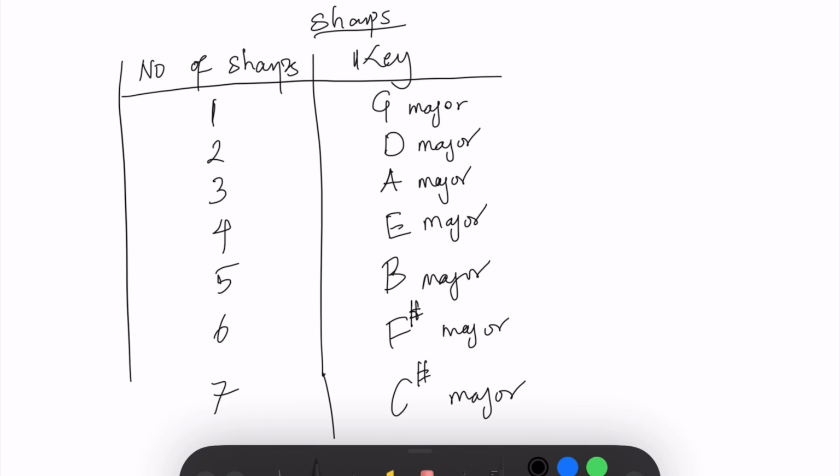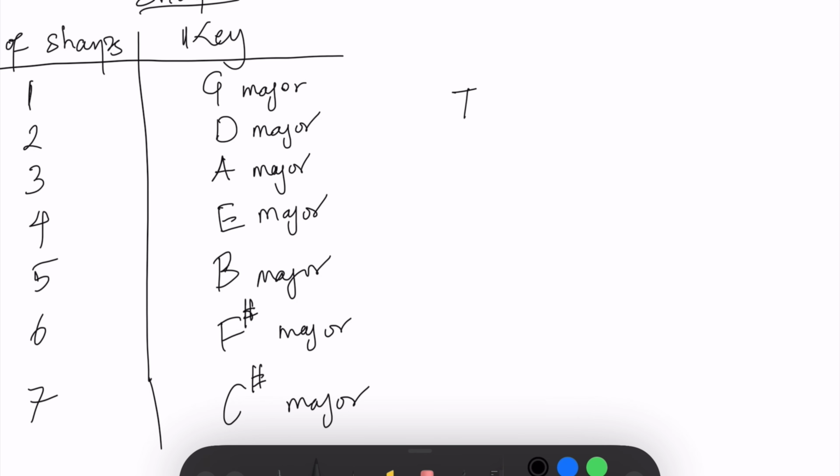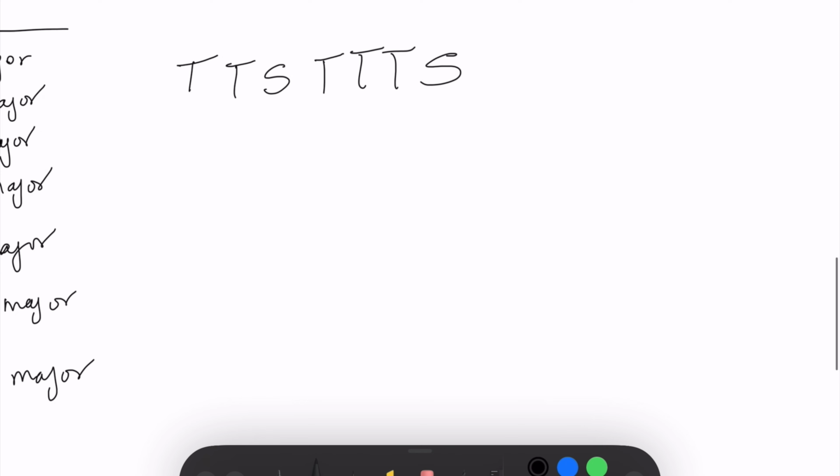Now the question is, how did I know all these things? How did we come about G, D, A, E, B, F sharp, C sharp? It comes from the movement tone, tone, semitone, tone, tone, tone, semitone. Knowing this movement gives you an idea of all the keys in music. Now let's draw a dummy keyboard.